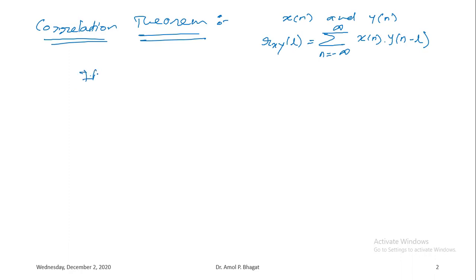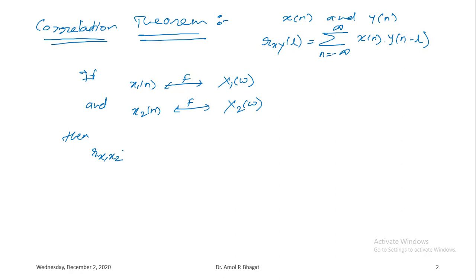if we have two discrete time signals, x1 of n with Fourier transform capital X1 of omega and x2 of n with Fourier transform X2 of omega, then the cross correlation of these two signals, indicated as r x1 x2 of l, is the cross correlation of x1 of n and x2 of n.